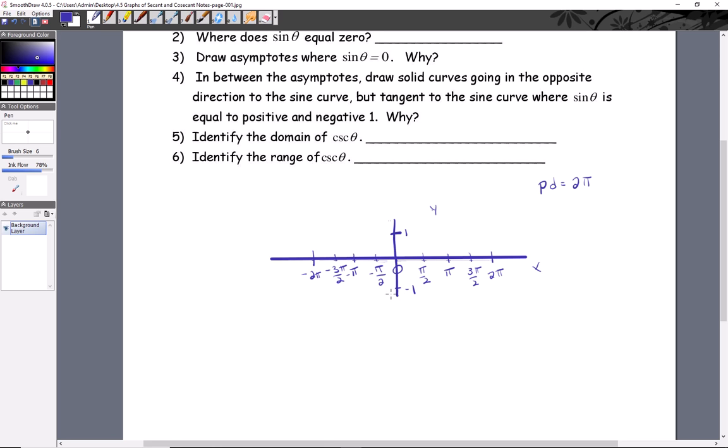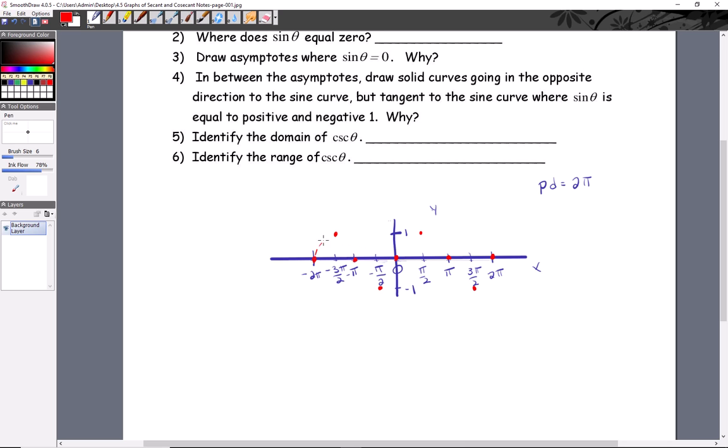Okay, so remember how sine graphs? It graphs low, high, mid, high, mid, low, mid. So we'll have an anchor point right here, and here, and here, and so on. Just going to keep alternating like this. There are the anchor points for 2 cycles.